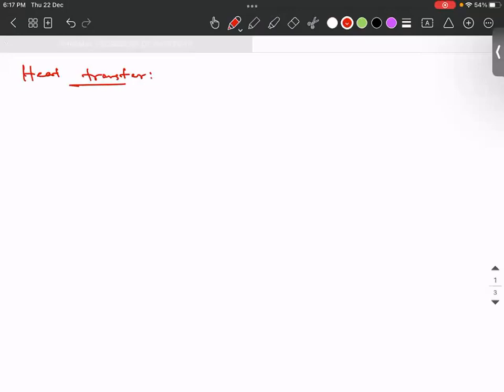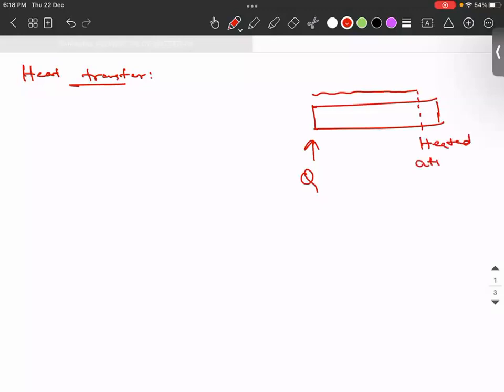That is when you take an object and you subject it to heat. So what are you expecting that material to undergo? Suppose I take a rod like this and I supply heat at this end. What will happen to this rod after some time? Can I say that the heat that is supplied here will actually get transmitted to the other portions? Can I say this part will also get heated after some time?